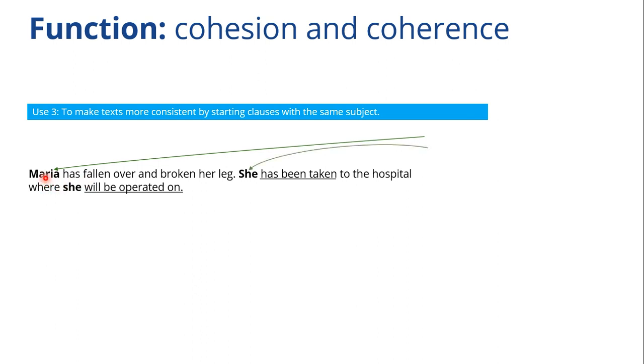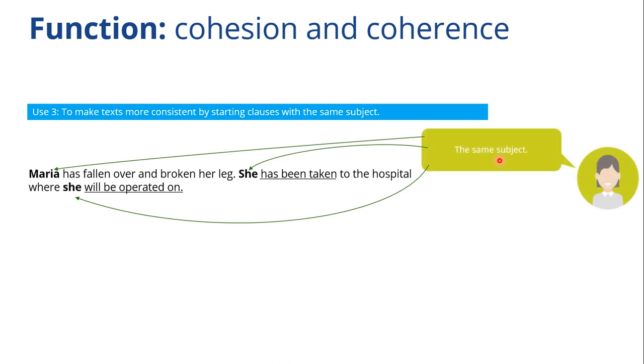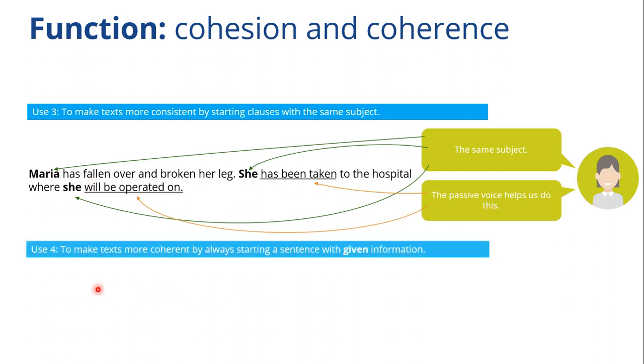So the subject is Maria, and then she, again the same subject, right? Remember, the same subject. And then has been taken, will be operated on. This is the passive voice helping us to do this. You can use the same subject; this is active and this is passive. It's possible to be used here.